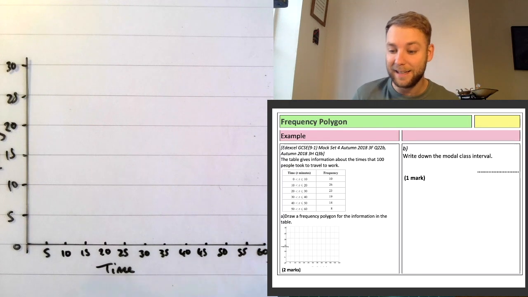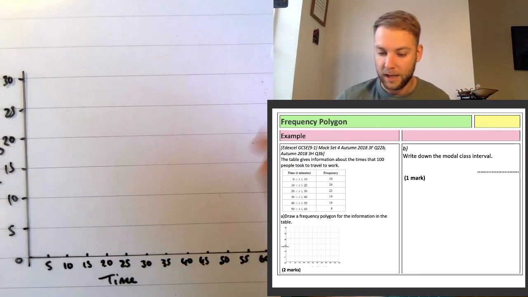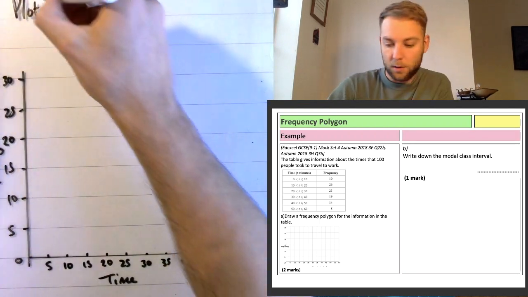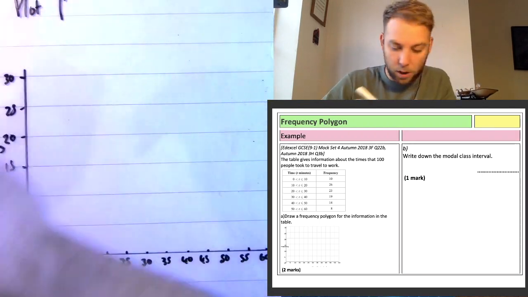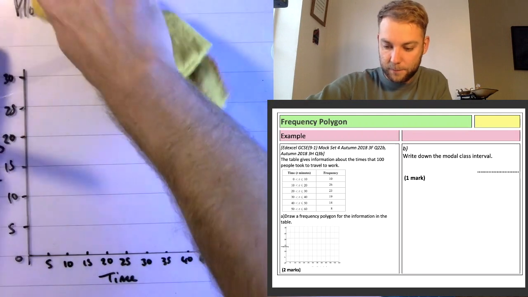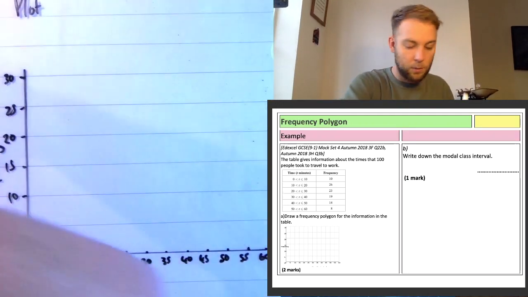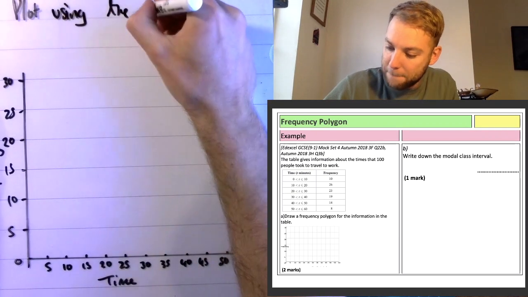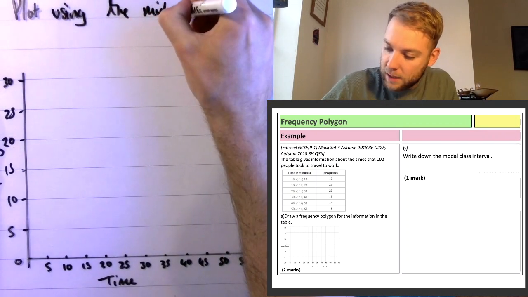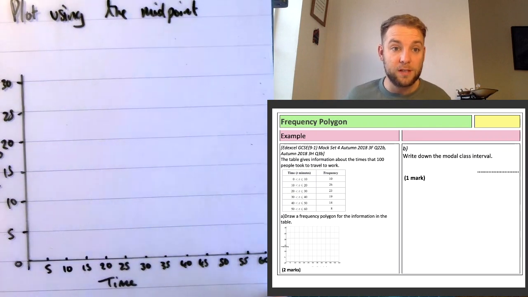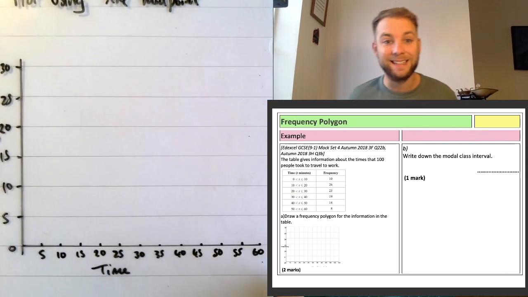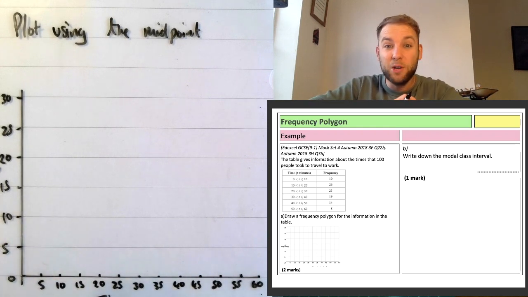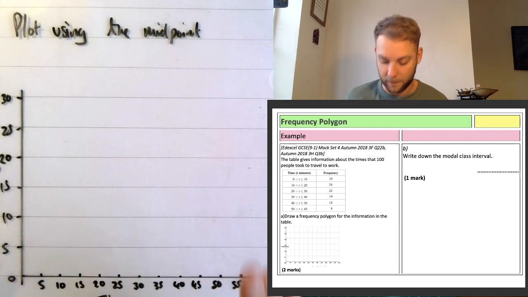The place that you need to do it, and the thing that's really important, is that we plot using the midpoint. You plot using the midpoint of the data. Now that is the key ingredient here. If you do that and you know that, this becomes so straightforward, okay?